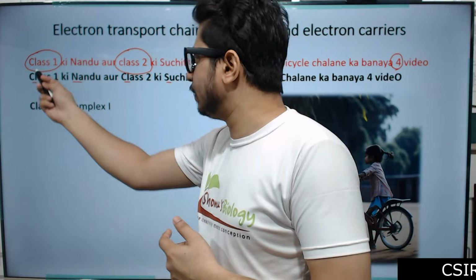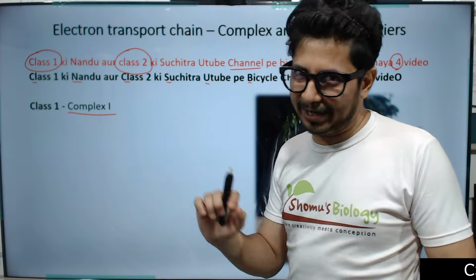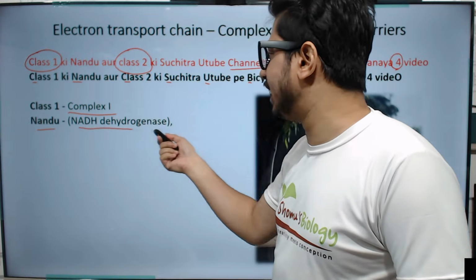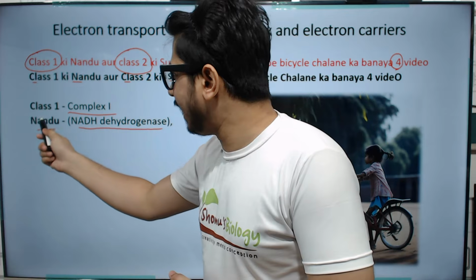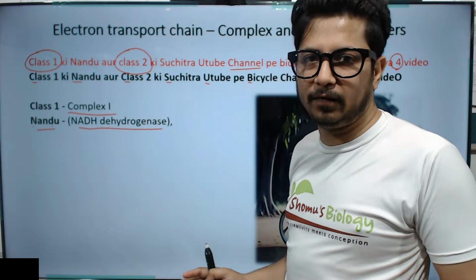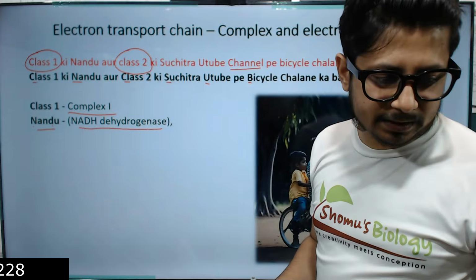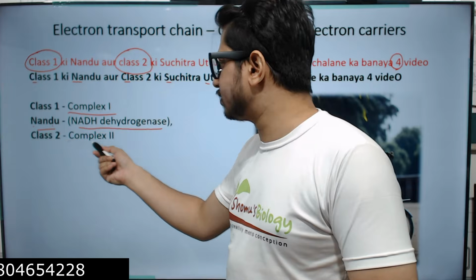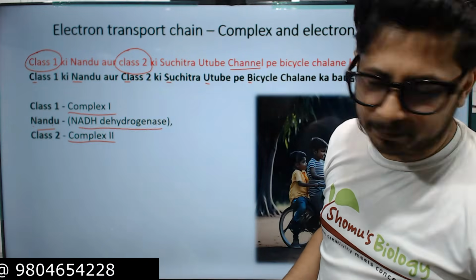The first one, class 1, is complex 1. Very clear, no big deal. Next one, Nandu, N for NADH dehydrogenase. N and D, think of this, Nandu: the NADH dehydrogenase enzyme is involved in the first complex. Then comes class 2, that is complex 2, easy, no big deal.